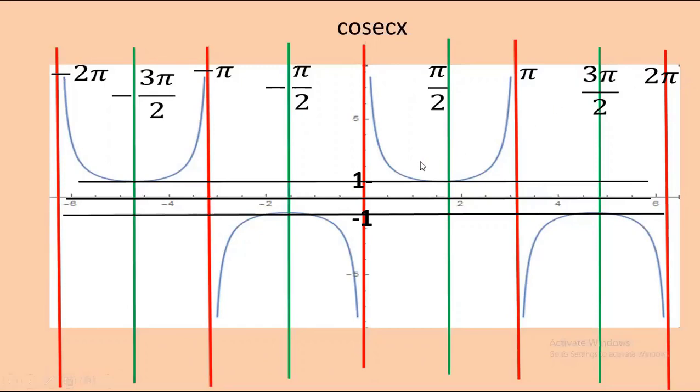So what is the domain? The domain of cosec x is the set of all real numbers minus n pi, like the cot function.